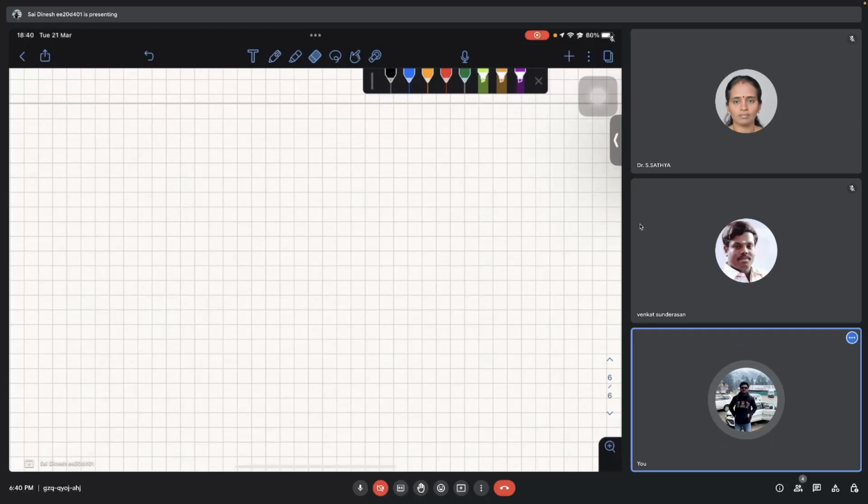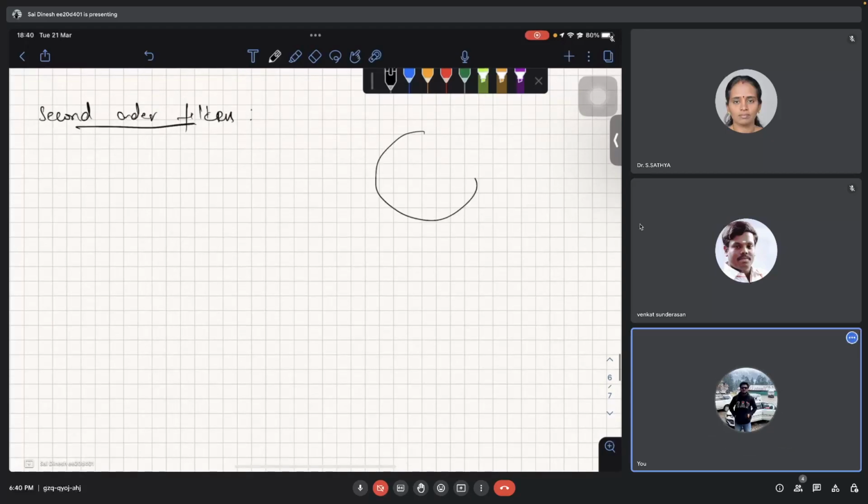Okay, let's talk about the second order filters. We have two poles, right?